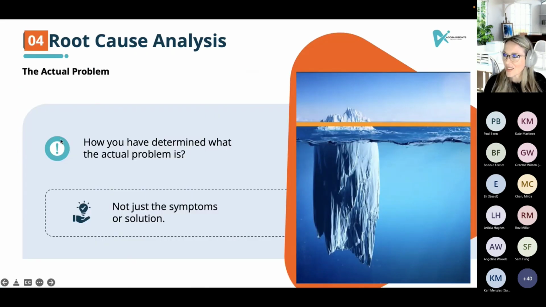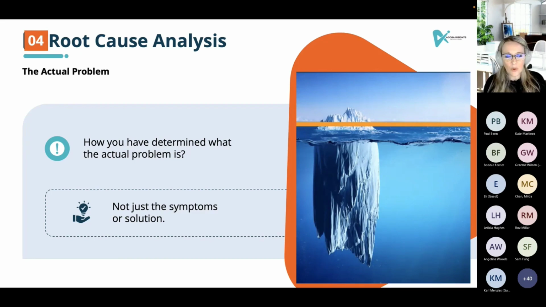Okay, so how do we determine what the actual problem is? And there's multiple ways. You could use a tree, a root cause analysis. You could use an iceberg. There are many ways in which you can visually represent a root cause analysis. But the truth of the matter is you have to investigate something.